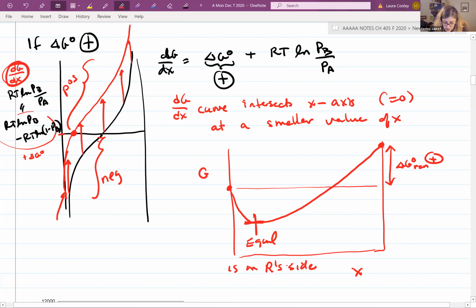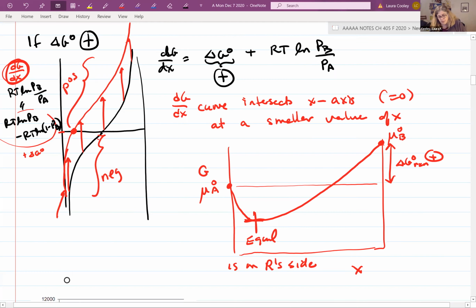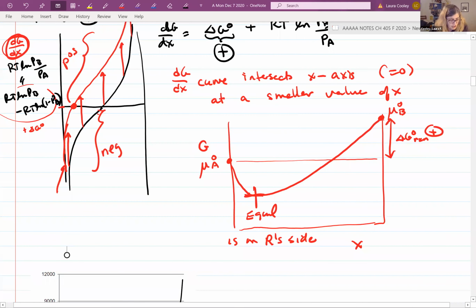I did this part last time, and this again is like mu0 of the reactants, which in this case is just mu0A and mu0B. Usually it's the sum of those mu's multiplied by stoichiometric coefficients, but we haven't got to that yet. So the equilibrium here is on the reactant side, which makes sense because the reactants have a lower Gibbs free energy.